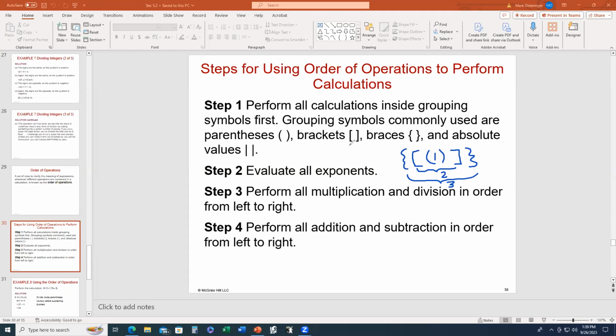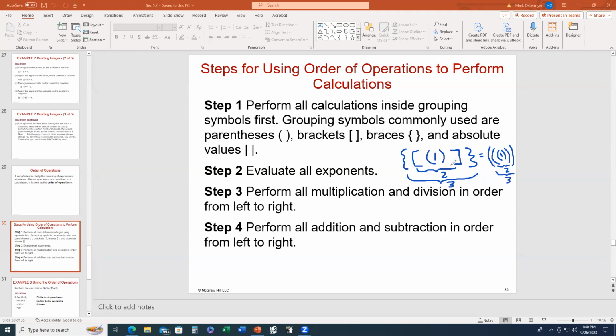After dealing with things inside grouping symbols, by the way, this is equivalent to as if you just used parentheses for all your grouping symbols. So, ladies and gentlemen, there's no difference between brackets and braces and parentheses. If we used all parentheses, we would still do what's in the innermost nested set. Do you agree? And then we would venture out to the next nested set of parentheses, and then finally the outermost set of parentheses.